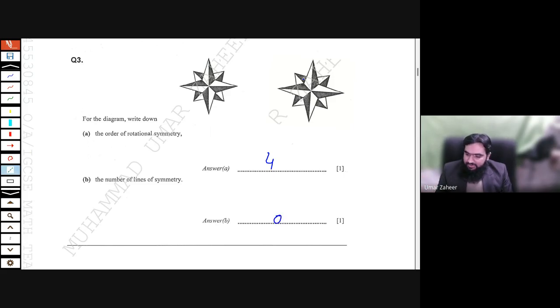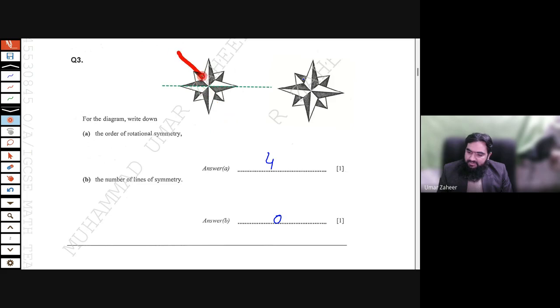Because if you try to draw different lines of symmetry, look here: on this side is a black pattern, and here you have a white pattern. You're not getting the image, you're getting the reflection. If you talk about this one, again you have black and white. If you draw it here, again the same situation.